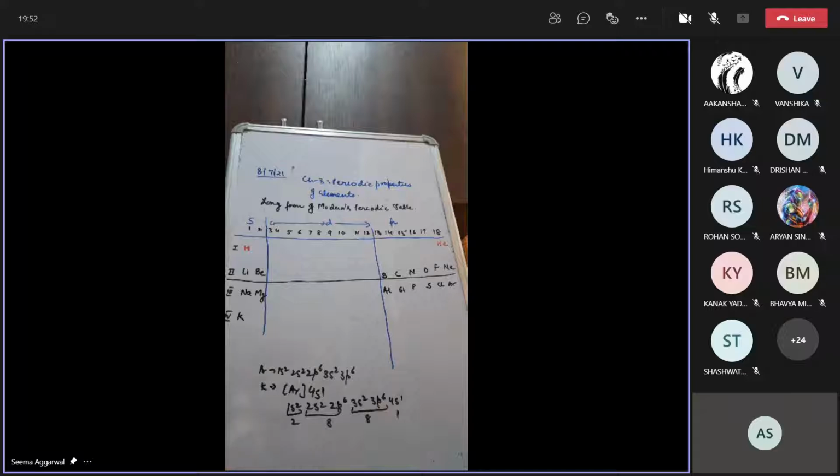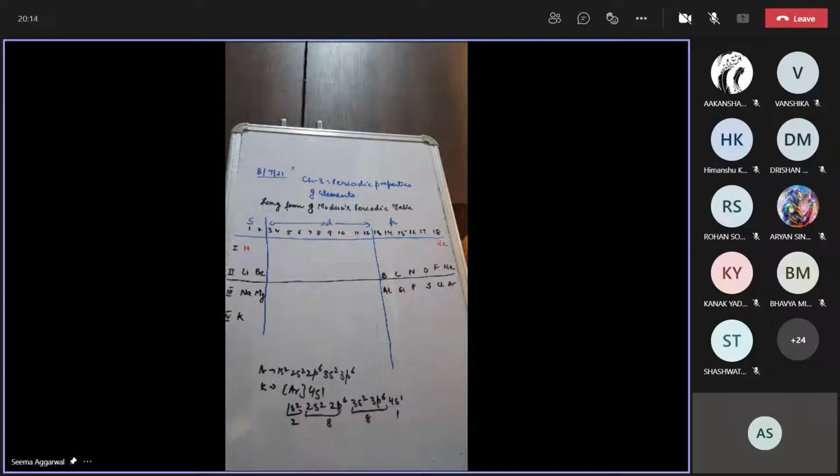So that's why in class 9, if you remember, you have written the configuration of potassium as 2, 8, 8, 1. Yes or no? Yes. Okay, so it means whatever you have studied in class 9 is not wrong. It's correct only. Only few drawbacks were there.